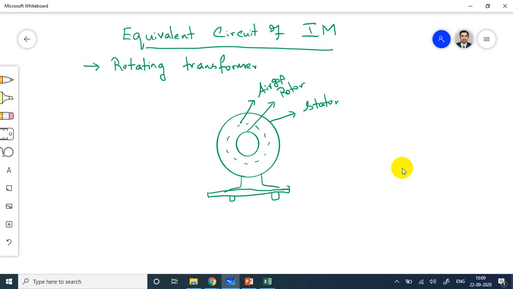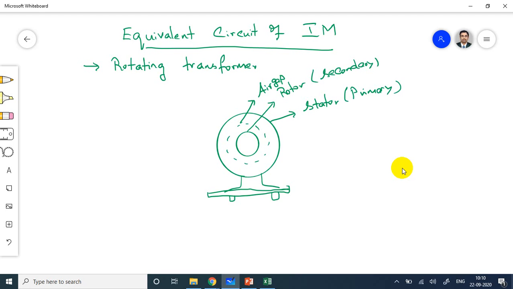Now by using the transformer principle, I'm going to draw the circuit diagram of the equivalent circuit. In a transformer there are two windings, primary and secondary. The stationary stator will be the primary winding, and the rotor is the secondary winding.